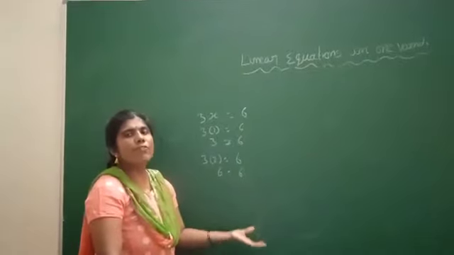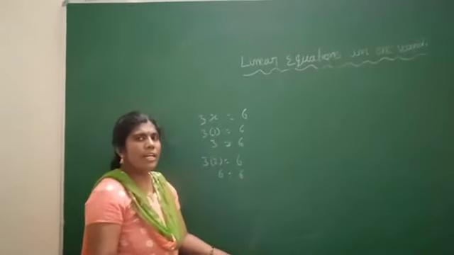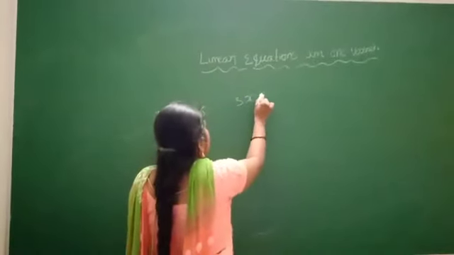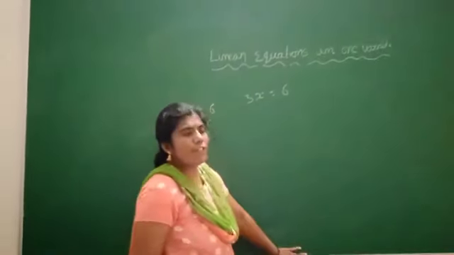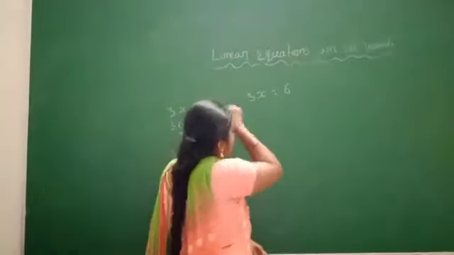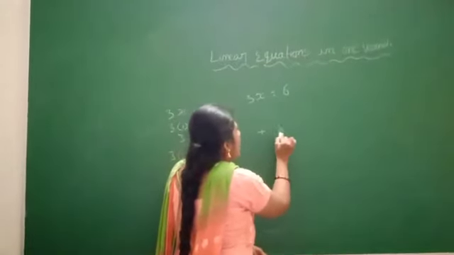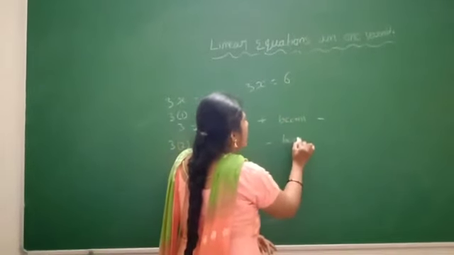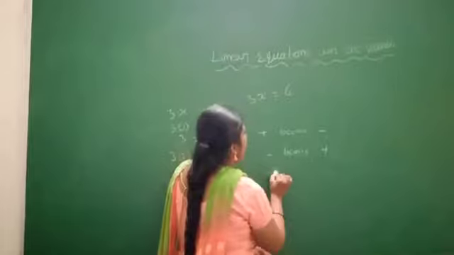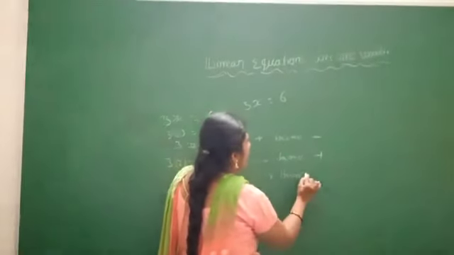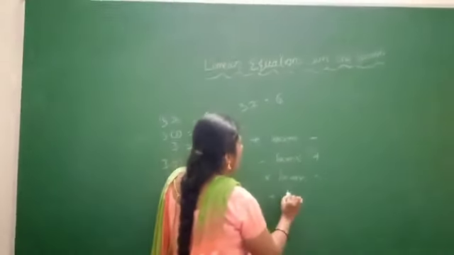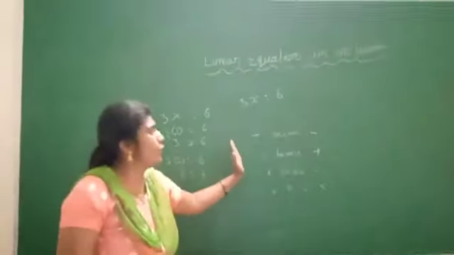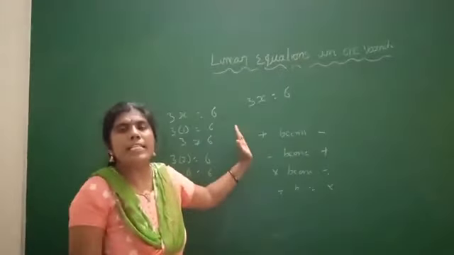Next one, transformation method. 2x equal to 6. In the transformation method, we change the mathematical signs.